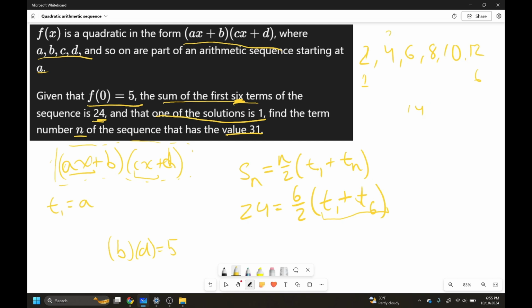If you add the second term and the fifth term, you also get 14. And the same thing for the middle, 14. So the pattern is that algebraically, t1 plus tn is equal to t(1+1) plus t(n-1).